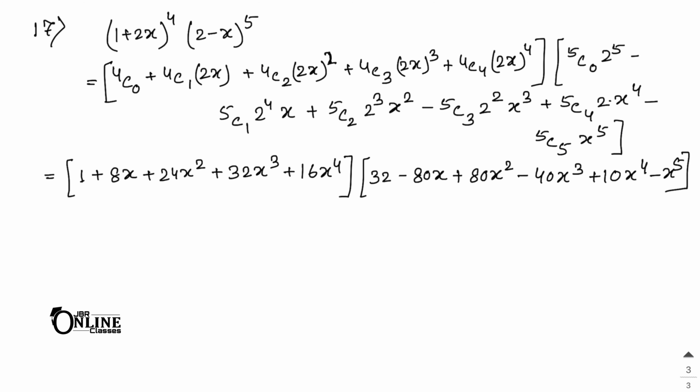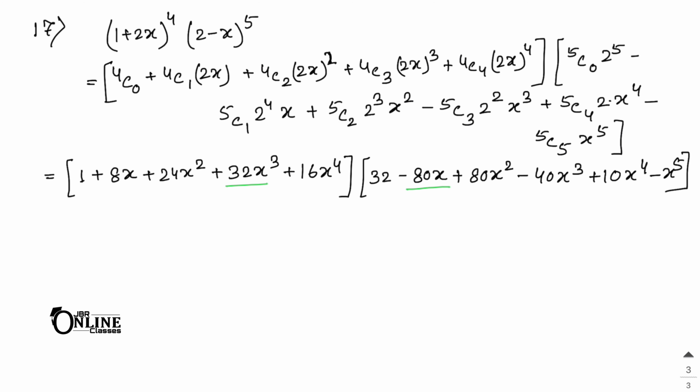Now if you multiply this one, then you will get the x to the power 4 term, and you have to find out only the coefficient of that x to the power 4 term. So first, whenever you multiply here minus 80x with that 32x cube, it will be x to the power 4.